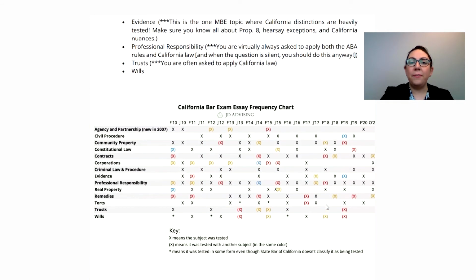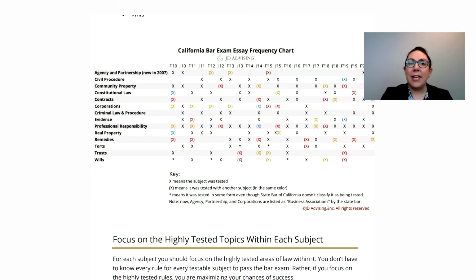If you take a look at the frequency chart, you can see that not all subjects are tested evenly. We've talked about this frequency chart before, but taking a glance at it in this instance, there's 2 things I want to point out. Number 1 is that some subjects are tested more commonly than others.